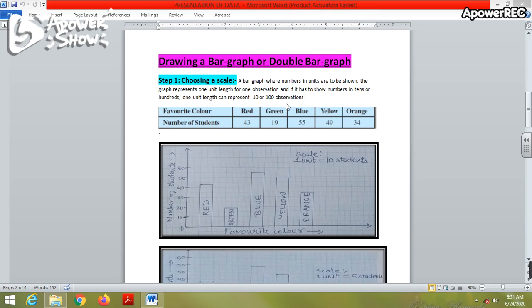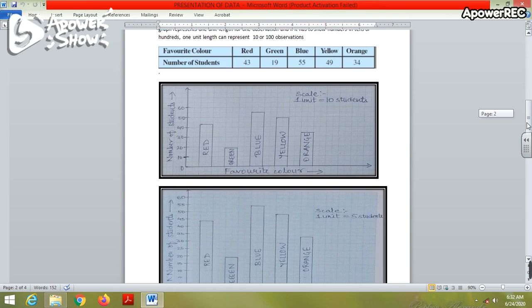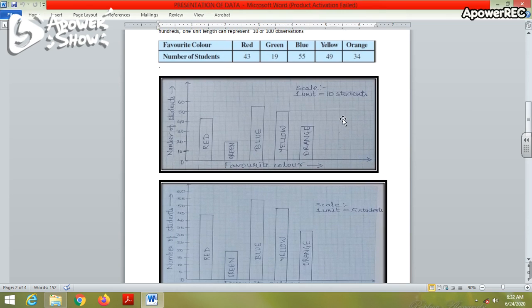So what does it say? How are you going to choose a suitable scale for your graph? Let's try to understand this by an example. Here we have a set of observations which represent the favorite color of students. Now I try to present this data using these 2 bar graphs.